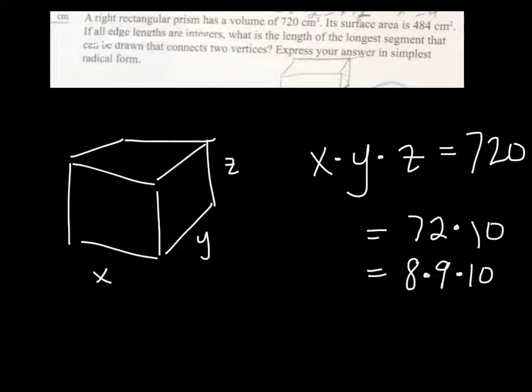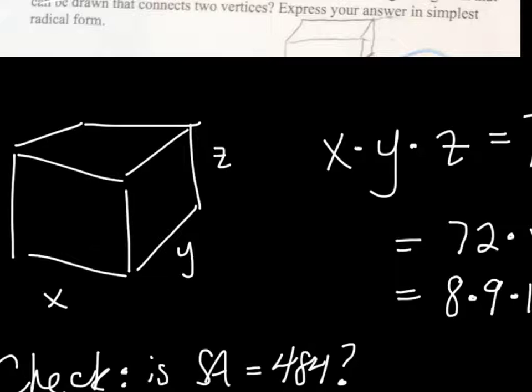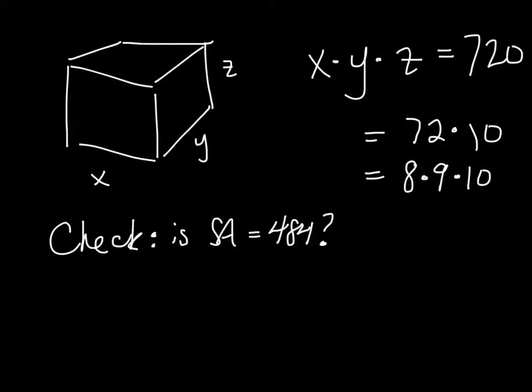Now that's not all. We also have to check, is the surface area equal to 484? And you know how to do that. If you're watching it again, remember we called this the front, we called this the top, we called this the right.